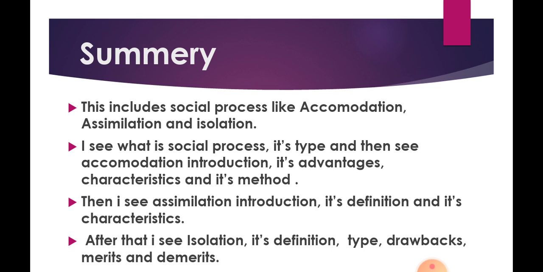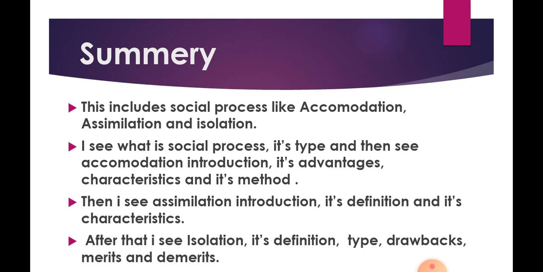Now I summarize my topic. Here we included social process. What is social process? Social process is the interaction of society and it happens again and again. Then I discussed accommodation. It is the adjustment in a new environment. Then assimilation.